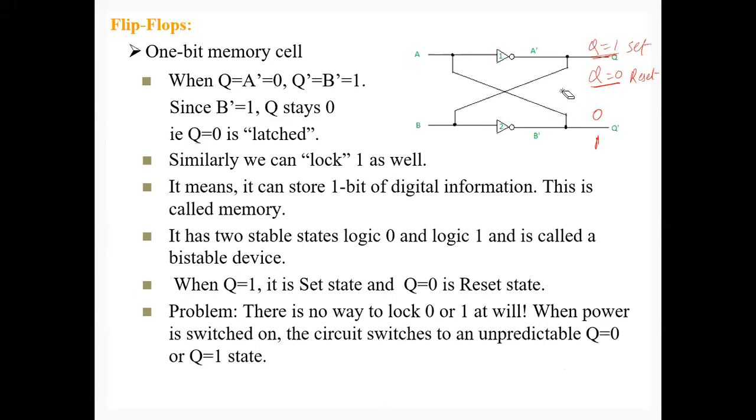The thing is, you can lock 1 and 0, but you cannot lock 0 or 1 at will. Whatever is there is there. So that's the problem with this. Suppose you have 1 here, you can lock your 1 there. If it is 0 there, you can lock your 0.